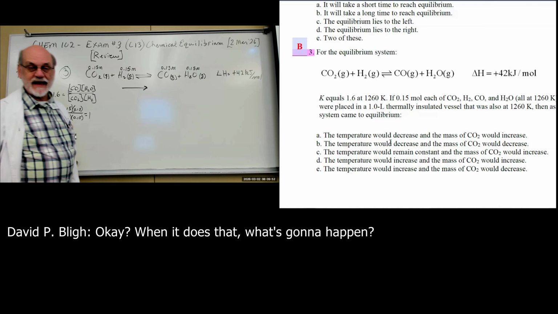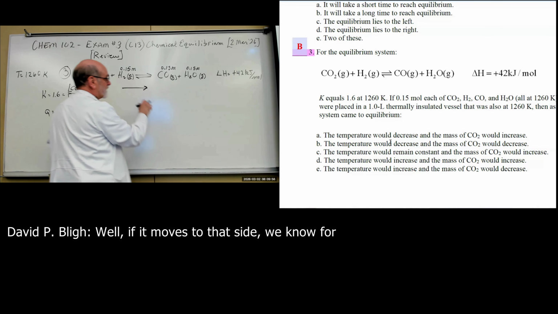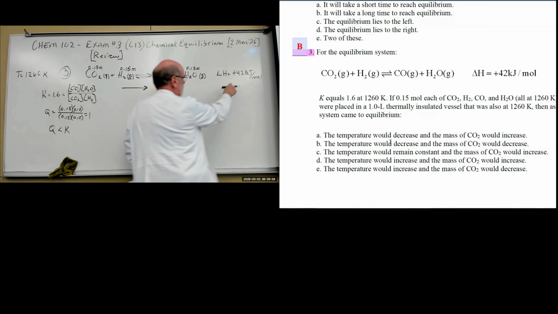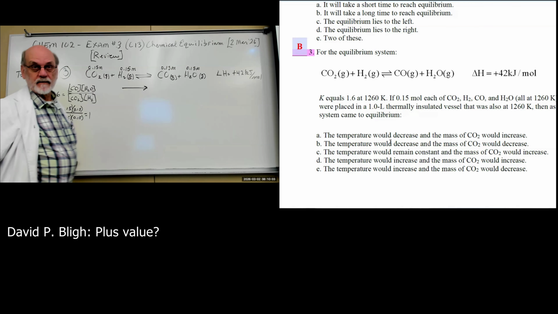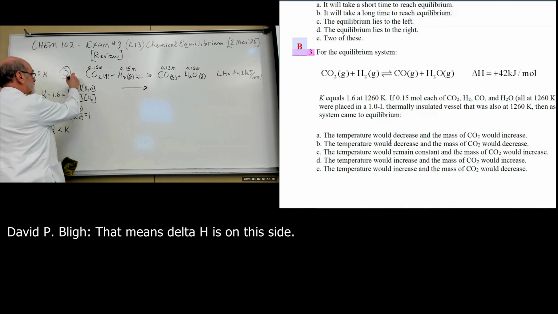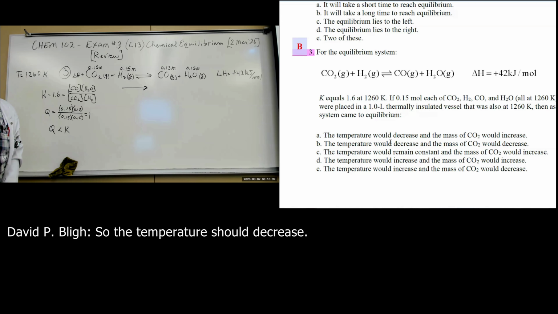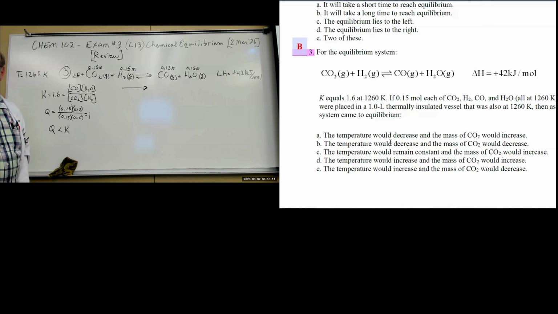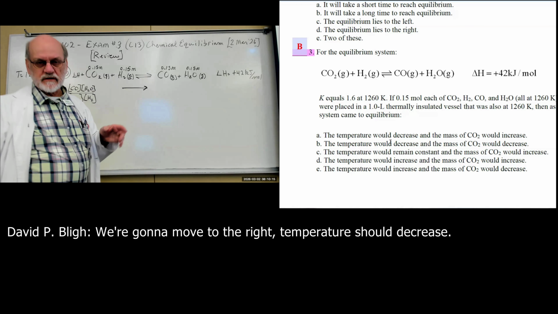When it does that, what's going to happen? Well, if it moves to that side, we know this is an endothermic reaction, right? Plus value. That means delta H is on this side. So the temperature should decrease. We're going to move to the right, temperature should decrease.